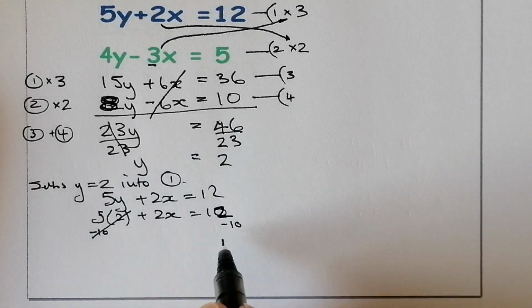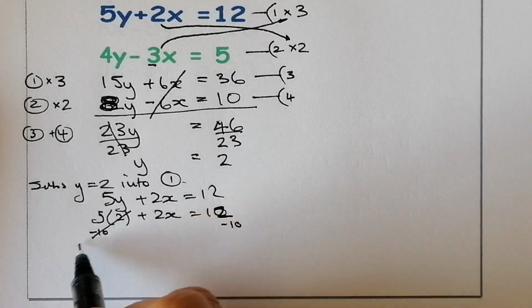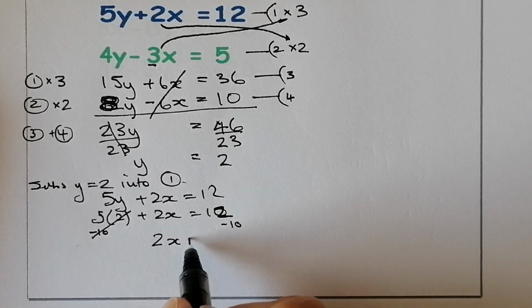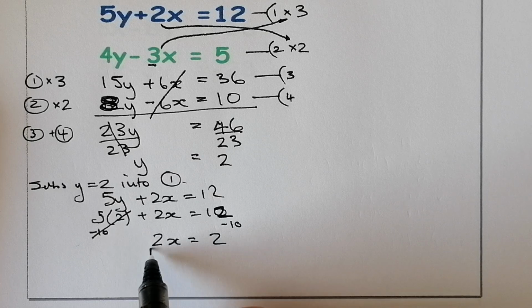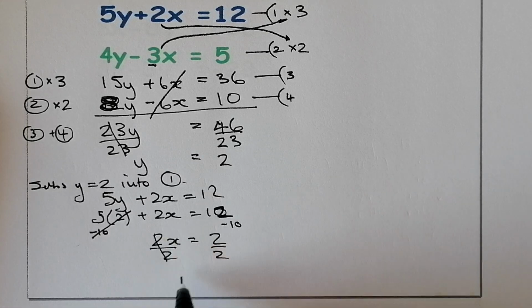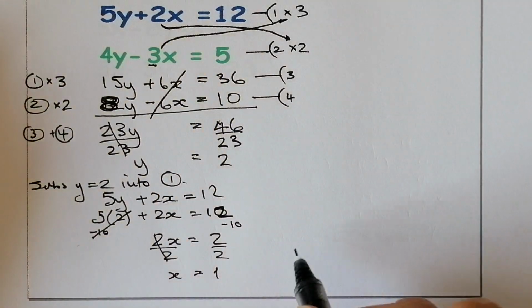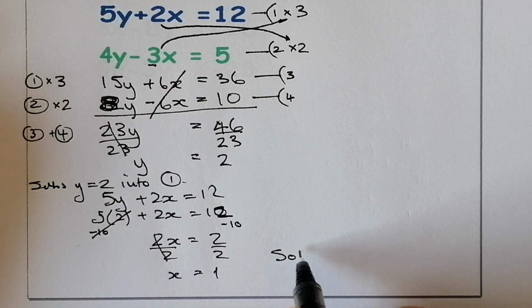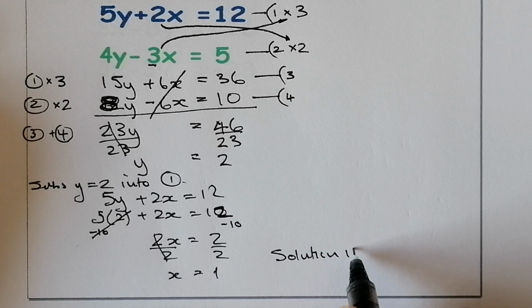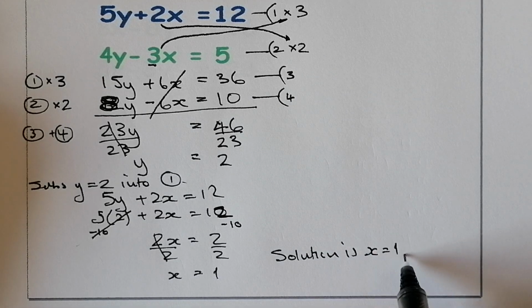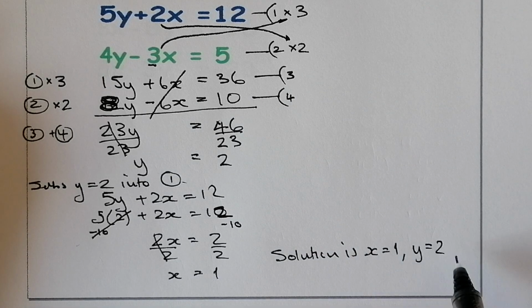So that's 12. Taking 10 away from both sides, that eliminates, and that leaves me with 2x is equal to 2. Dividing both sides by 2, I'm left with x equals 1. So I've got both answers there, so I've got my solution, and that's x equals 1 and y equals 2.